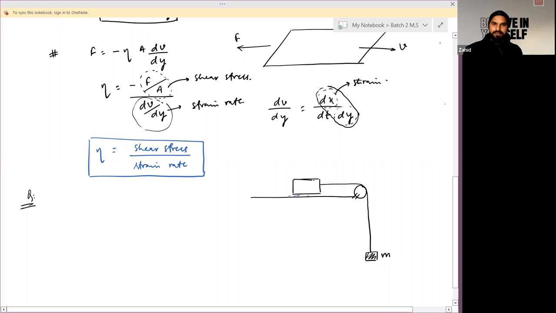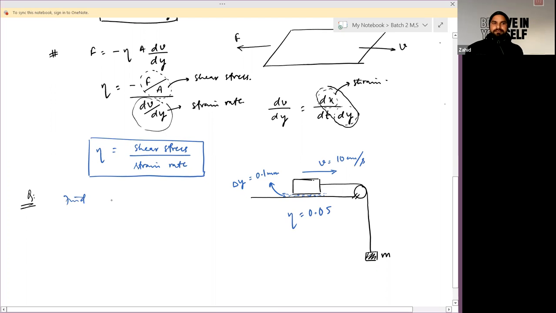There is a liquid just below it having width 0.1 mm. This block has to move with some constant velocity of 10 centimeter per second, and eta of this particular liquid is 0.05.